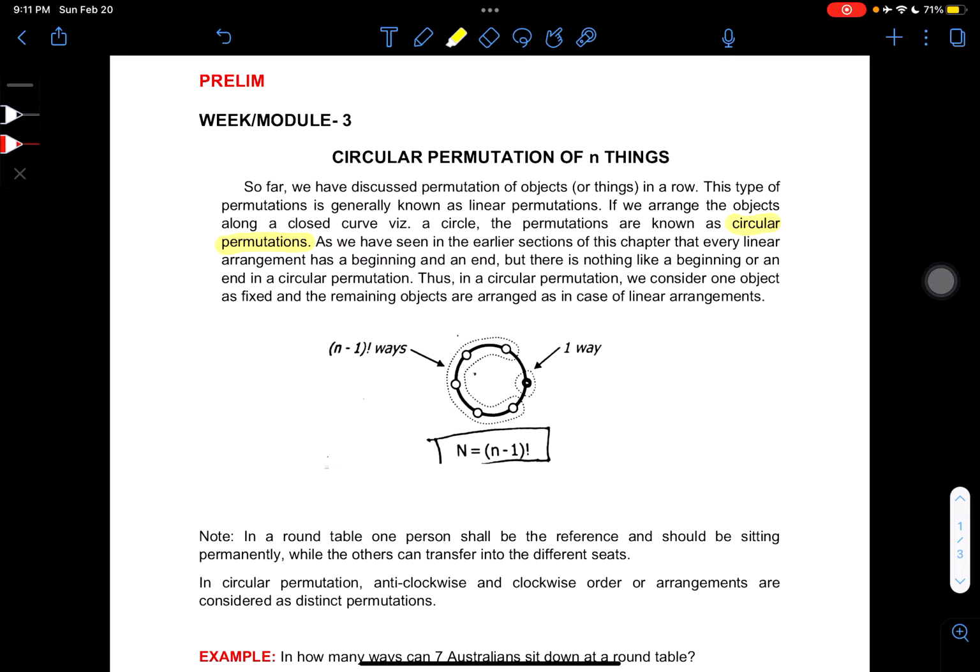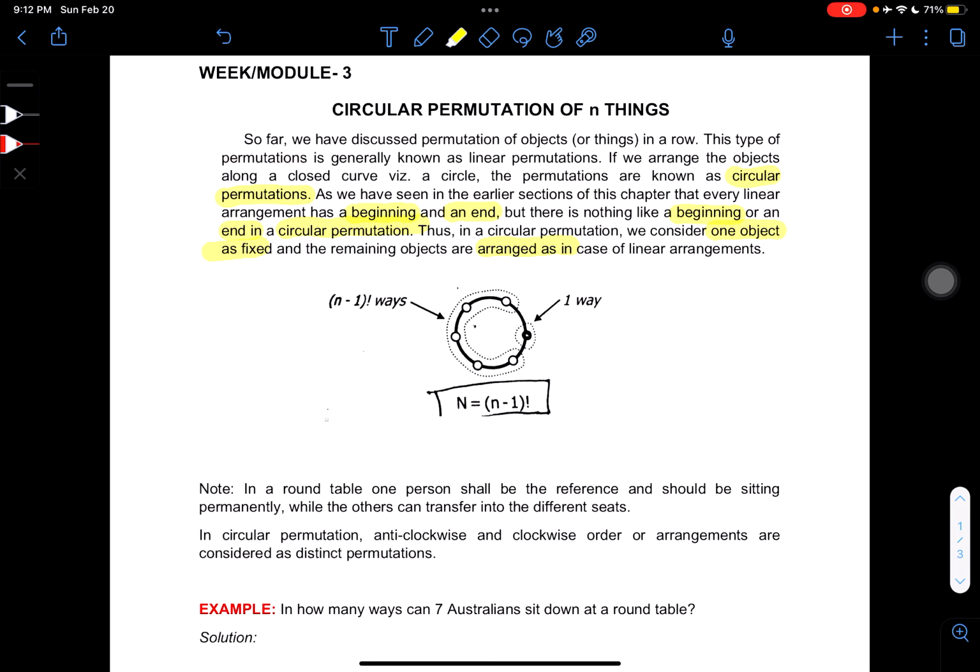As we have seen in the earlier sections of this chapter, every linear arrangement has a beginning and an end. But there is nothing like a beginning or an end in a circular permutation. So in a circular permutation, we consider one object as fixed and the remaining objects are arranged as in a linear arrangement. Here we have our diagram for circular permutations.